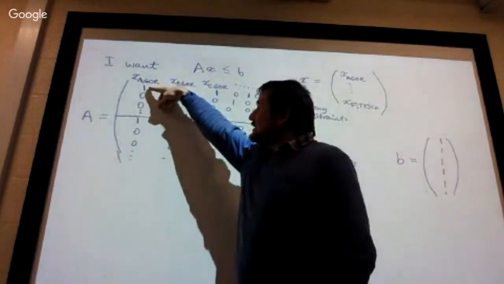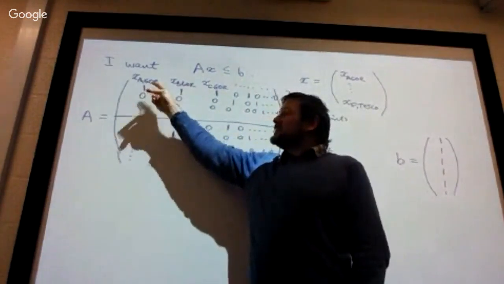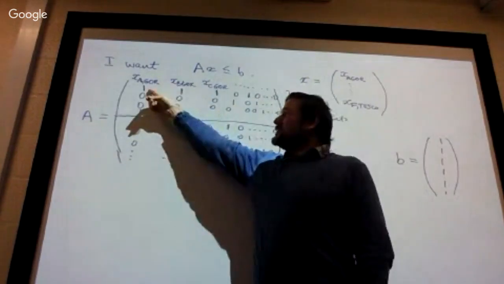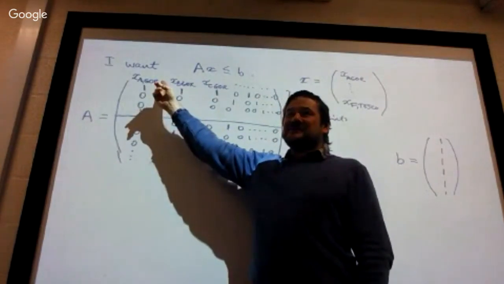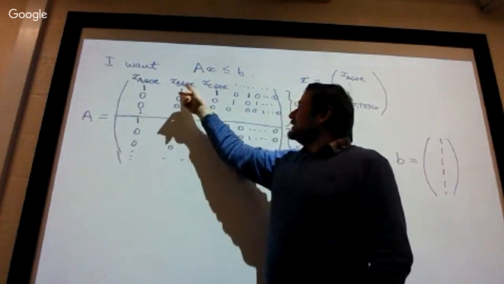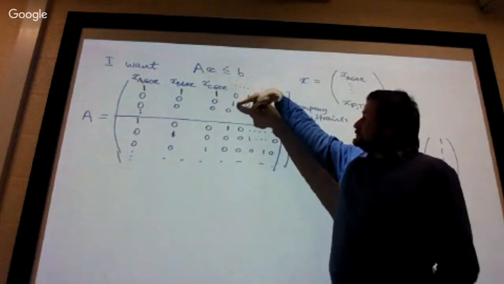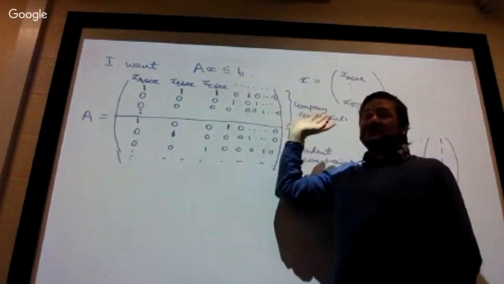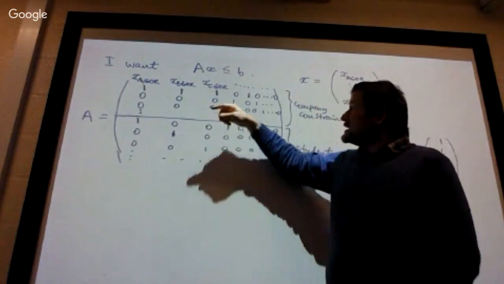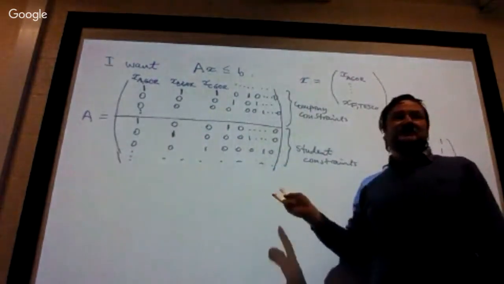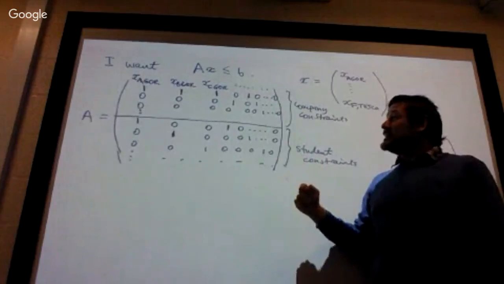And in the top part, for every student, the only constraint where you get a 1 is the one that corresponds to the first company, and then the second company, and so on. So you get exactly one 1 in the top part and exactly one 1 in the bottom part, which means there are exactly 2 non-zero entries.